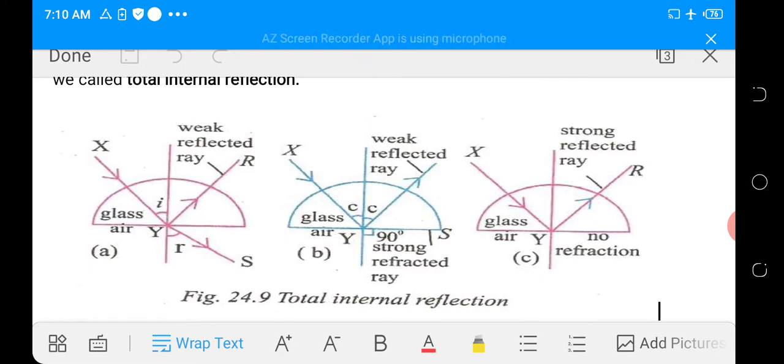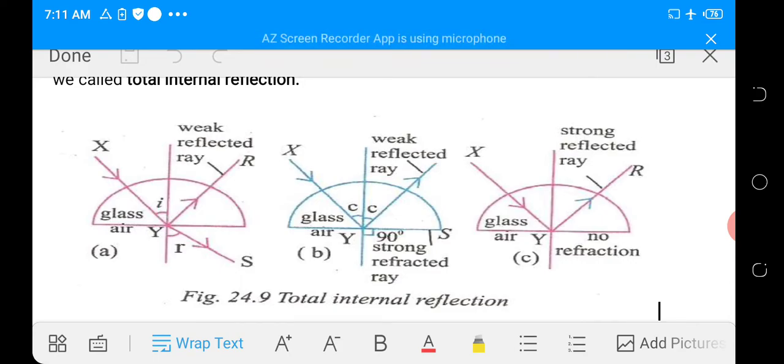So first, let's consider figure A. Figure A shows a light ray, represented by the line XY, that is traveling from glass to air, that is from a denser medium to a less dense medium at an angle of incidence i.